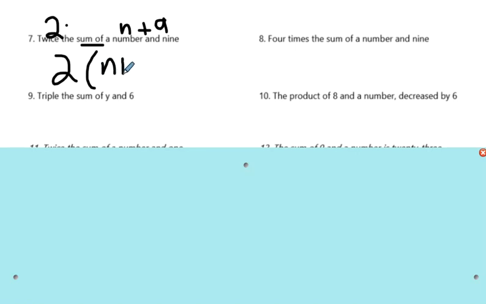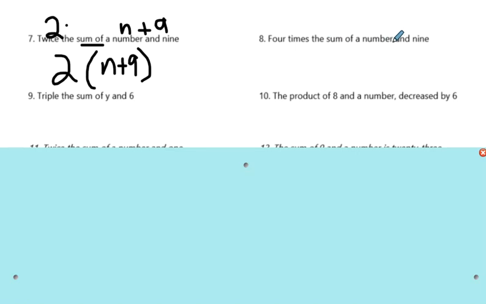But since we don't know what n is, we have to keep it in a group. Because we know order of operations, the grouping comes first, so this n plus 9 is separated from the times 2 part. That's why it's really important to know that the sum of, the product of, is separate or secluded away from the twice.